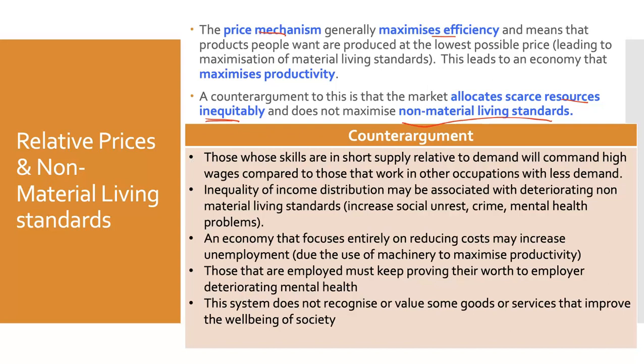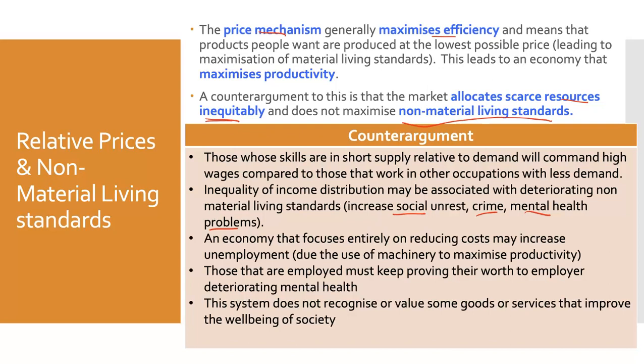We also understand that there is an inequality of income distribution in our economies, and this leads to deterioration of non-material living standards like social unrest, crime, and mental health problems. This way of working out wages and income using the market leads to inequality. Inequality in and of itself creates issues like unrest and crime.